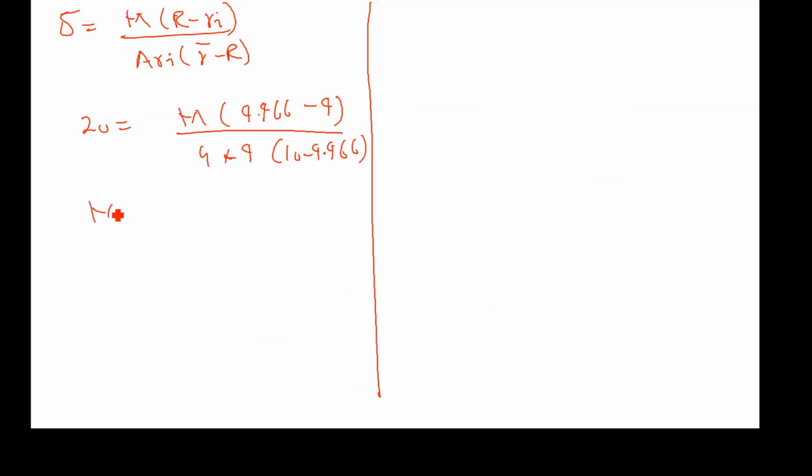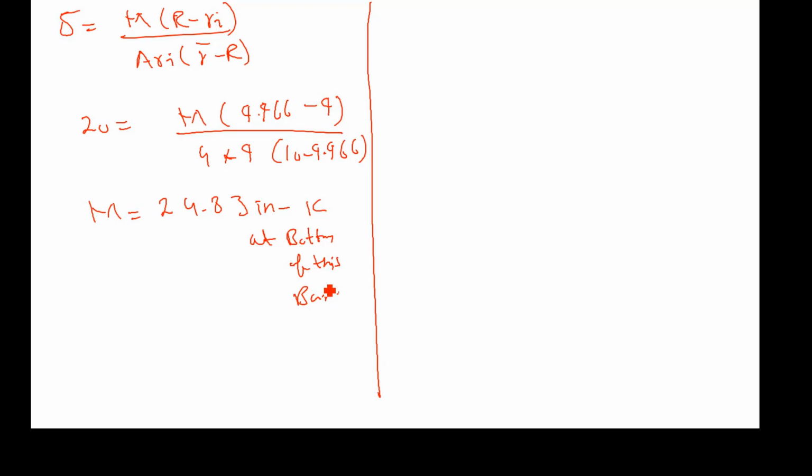So M is going to be equal to 24.83 inch kip at the bottom of this bar. As you can see, the maximum moment that can be applied is 24.83 inch kip, and so the maximum normal stress occurs at the bottom of the bar.